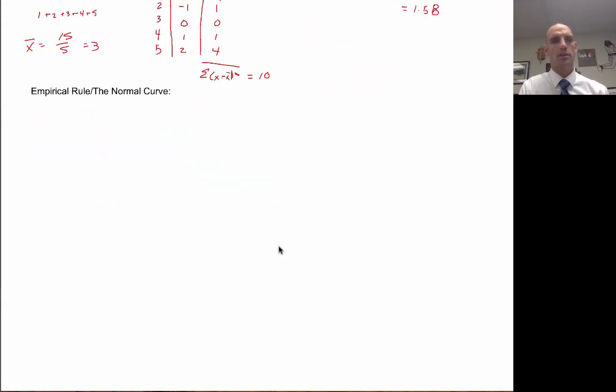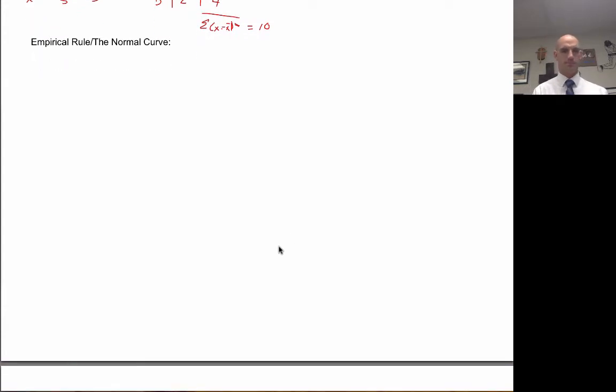Okay, so the empirical rule and the normal curve, there's an important note here. Not all data is normal, right?